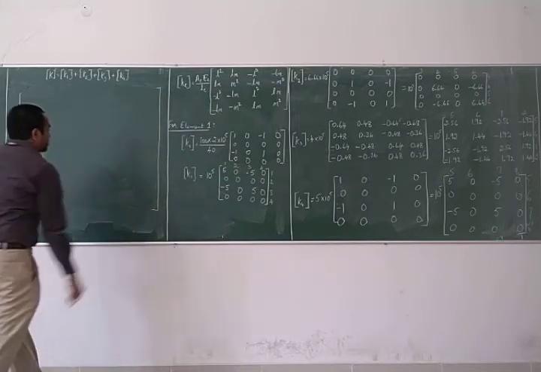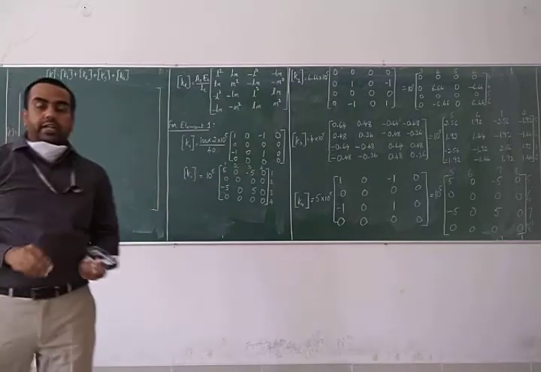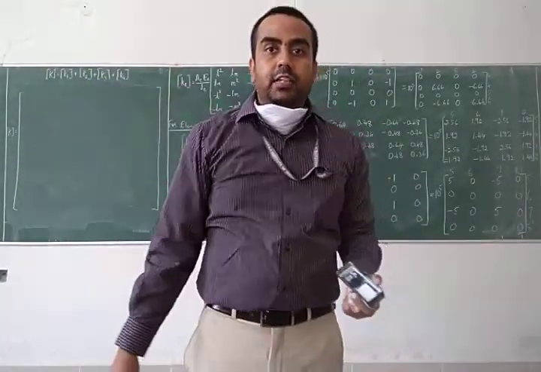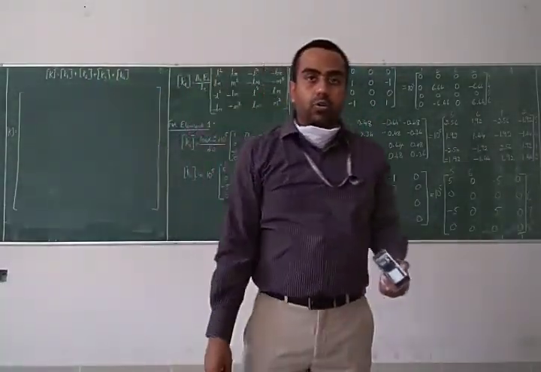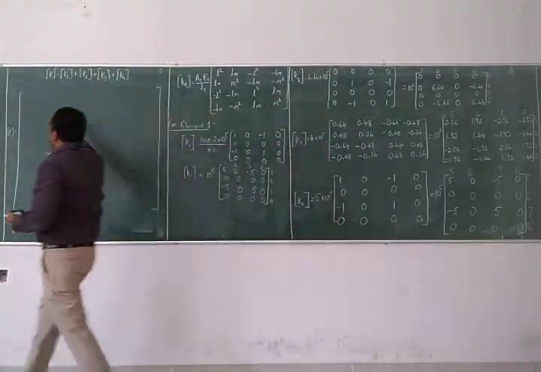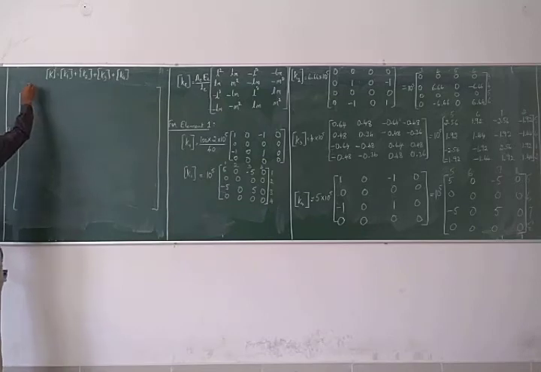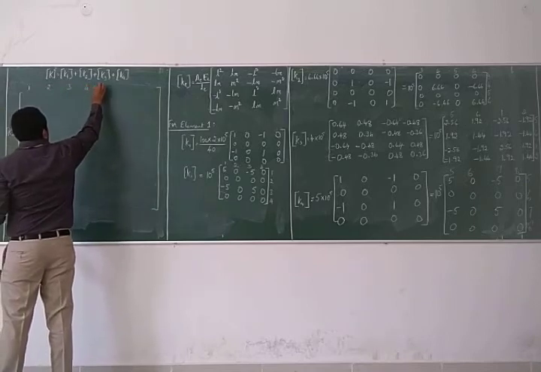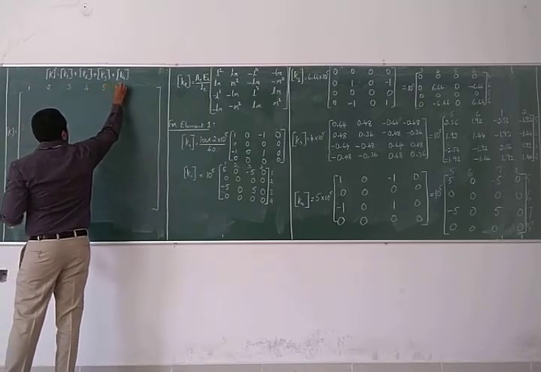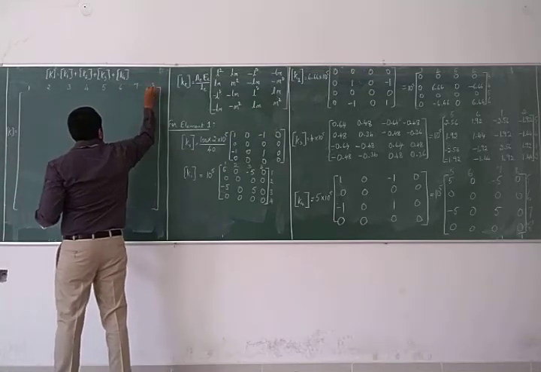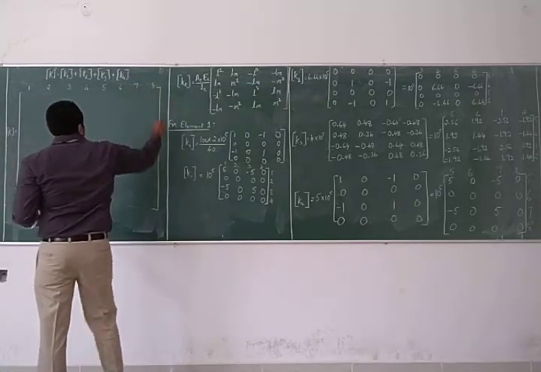So what I'll do is, I'll initially mark the different degrees of freedom as the column number and the row number, so that addition will be much simpler. So this is column 1, 2, 3, 4, 5, 6, 7 and last column 8.